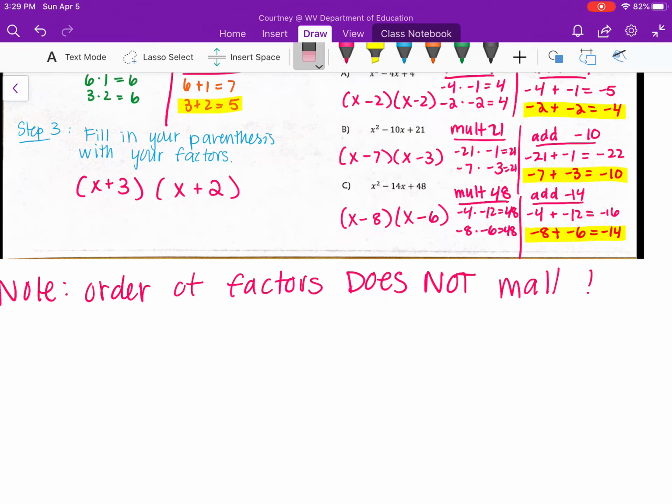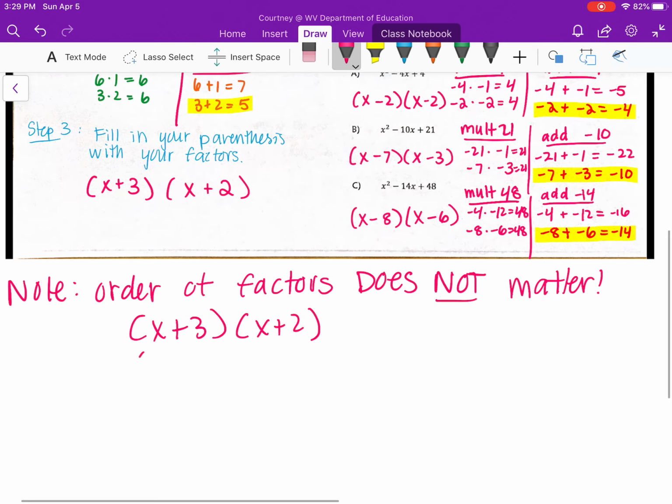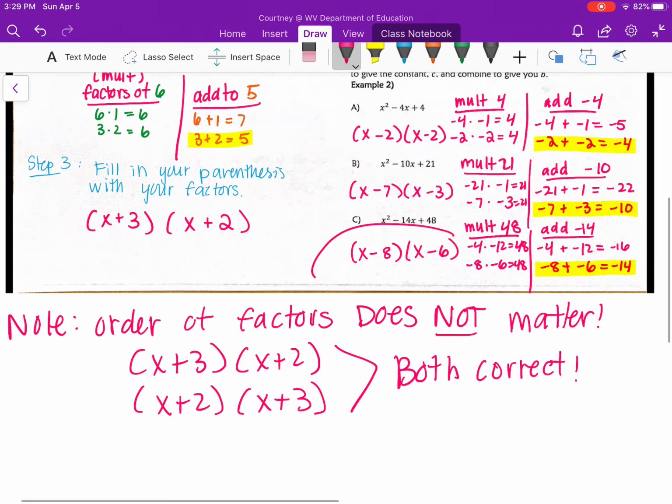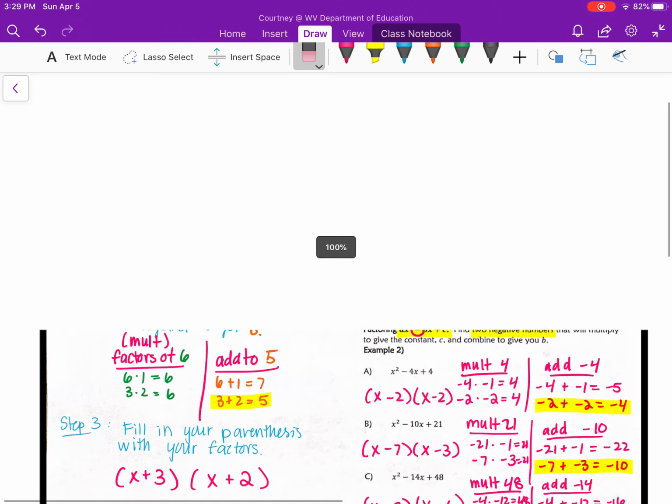For example, I could have x plus 3 times x plus 2, or I could have x plus 2 times x plus 3. These are both correct. So I can do it any way I want. I can say x minus 6 times x minus 8. That's the same as x minus 8 and x minus 6, so it doesn't matter at all.